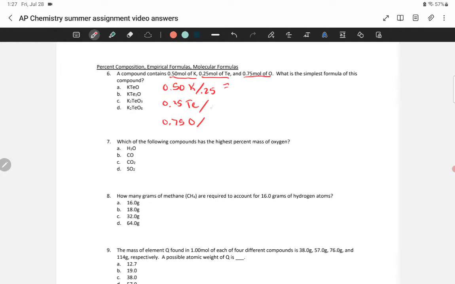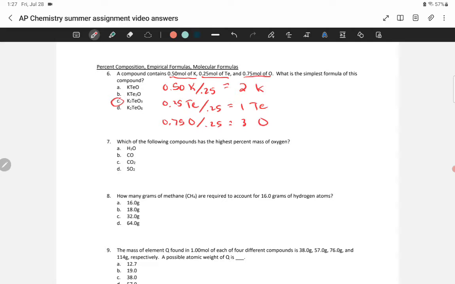So I'm going to divide them all by 0.25. And when I do that, I'll get 2 Ks. I'll get 1 Te, and I'll get 3 oxygens. And so do we have one that matches up with that? Looks like we do. Okay.